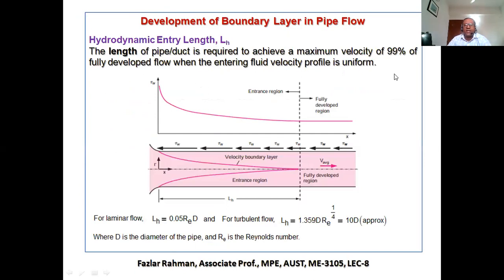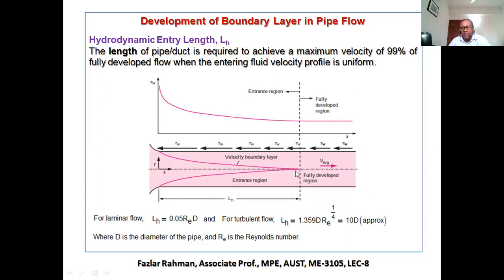So it's saying the length of the pipe or duct required to achieve a maximum of 99% of fully developed flow when the entering fluid velocity profile is uniform. So this length, right? Over this length the velocity reaches 99% of the free stream velocity. This is called the velocity boundary layer at the entrance.